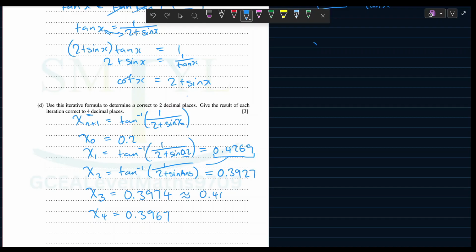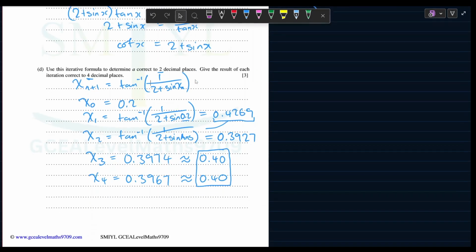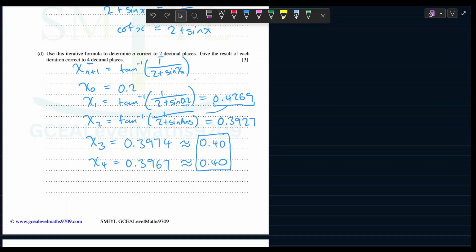This is 0.40 to 2 decimal places, right? So as soon as you get 2 consecutive iterations with the same value correct to the specified degree of accuracy, it means that your sequence has converged, and that's going to be your root. So we can conclude that therefore A is 0.40, and that will be our final answer.